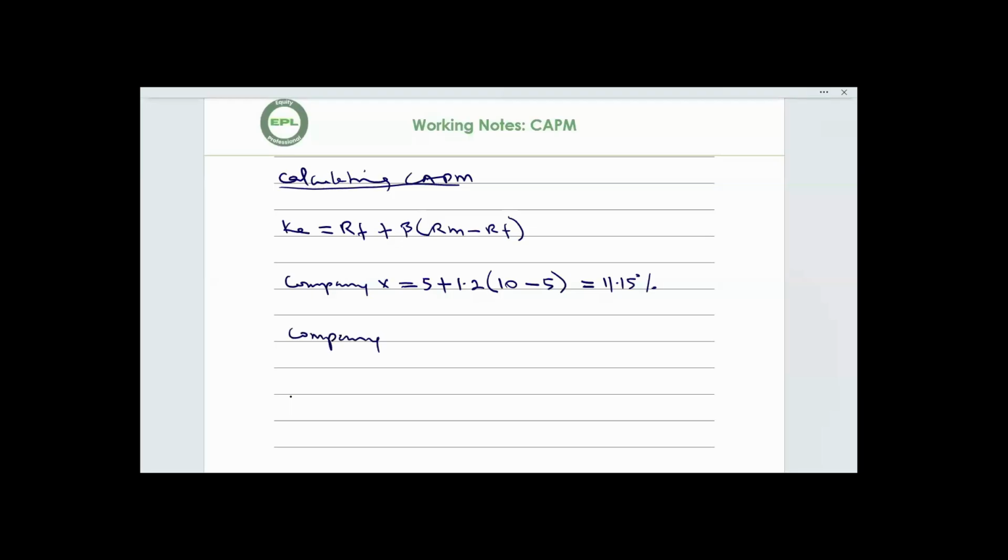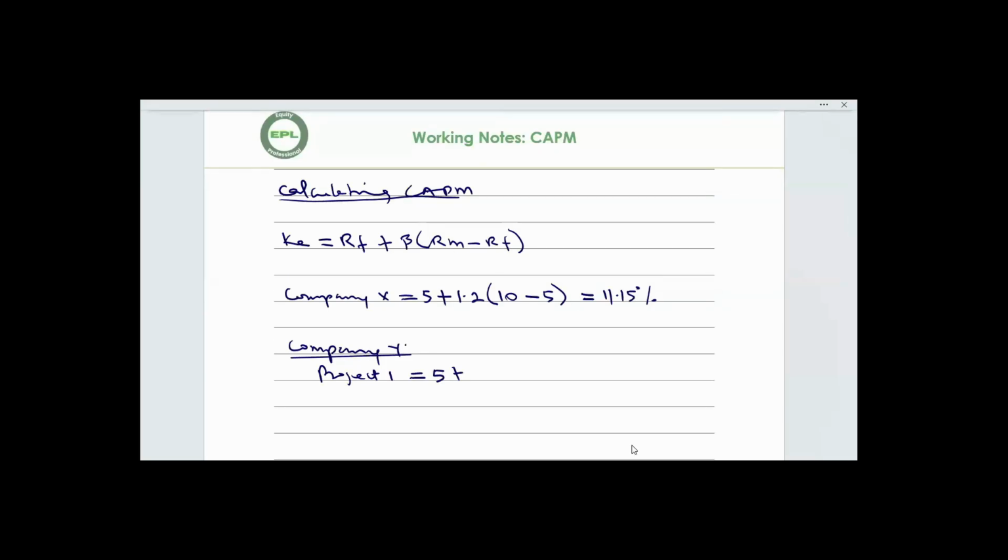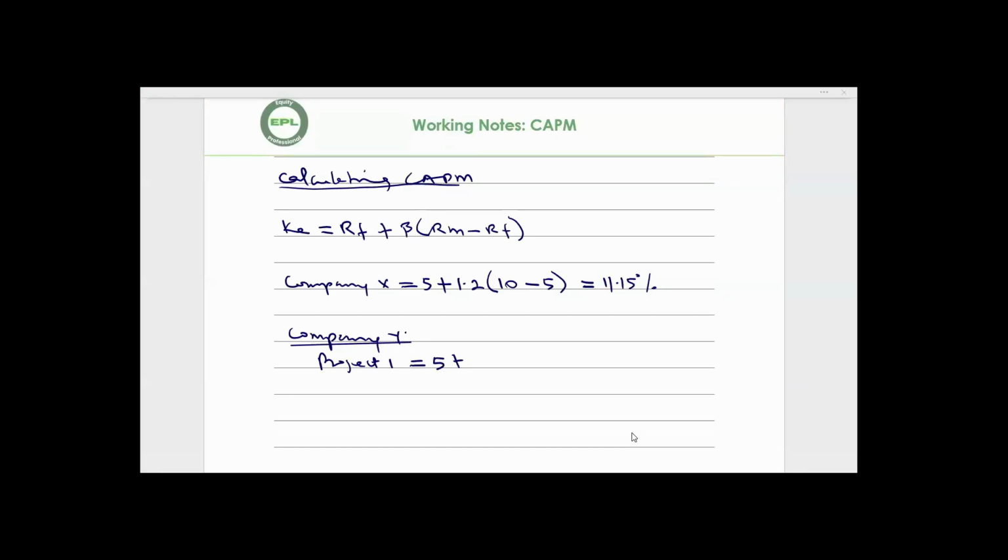Then for company Y, let's calculate CAPM, cost of equity for company Y. Company Y has 3 projects. So for project 1, risk-free rate of return is 5 plus the beta factor of project 1, which is 1.5.